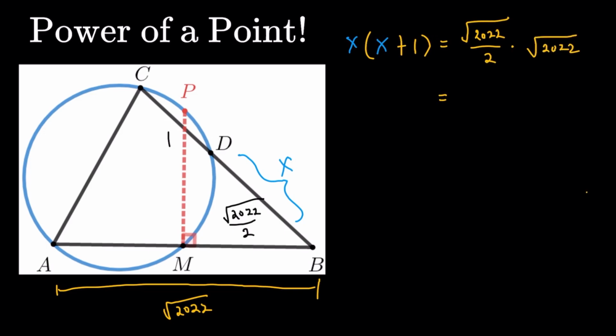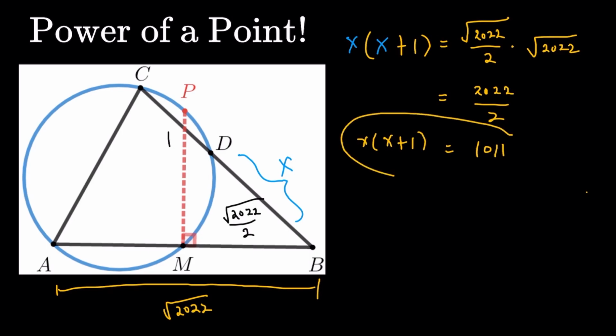On the right-hand side, just squaring, we get 2022 divided by 2, and simplifying, we're going to get 1011. Technically, I could solve for x here, but x is going to be pretty ugly, so I'm just going to leave it as it is. So our first observation is that x times x plus 1 is equal to 1011.